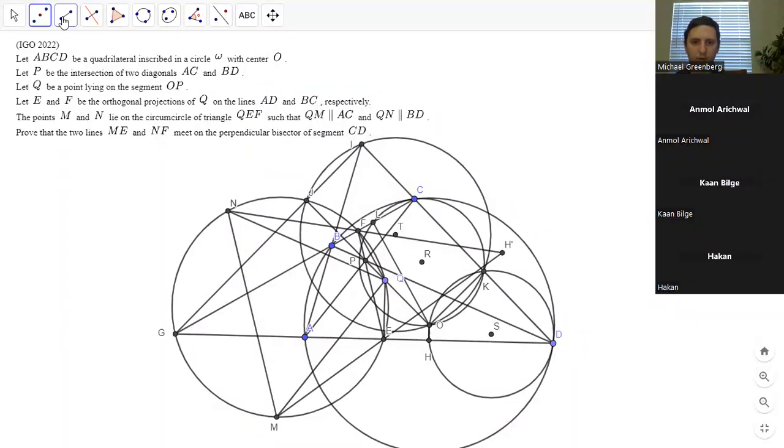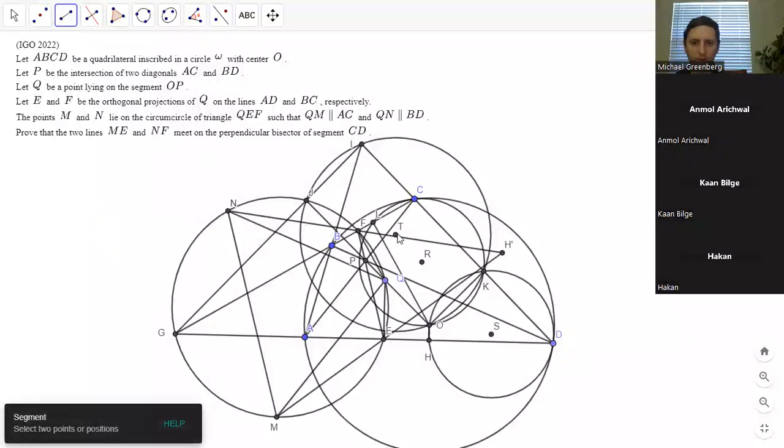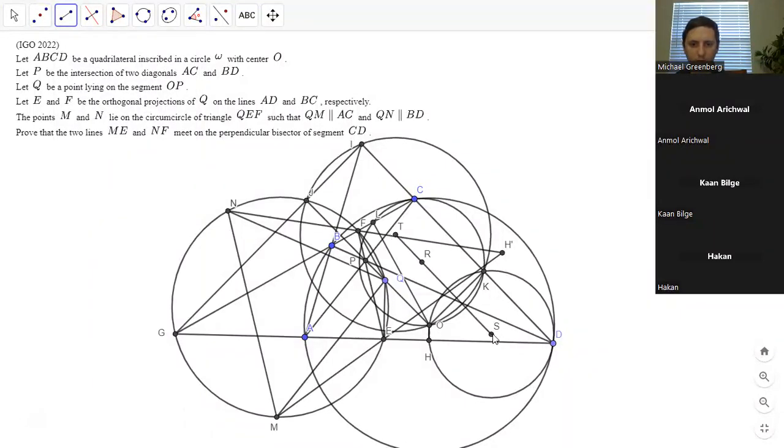So their centers are collinear. We want to show H lies on the radical axis. Well, what do we know about them? Let's see.